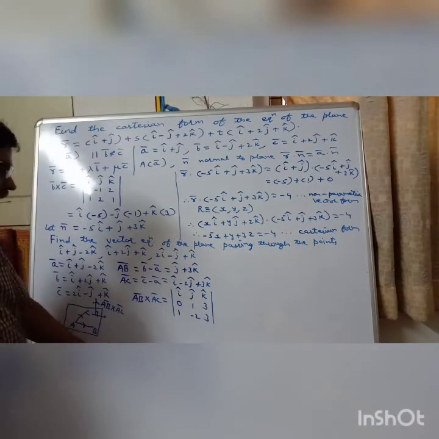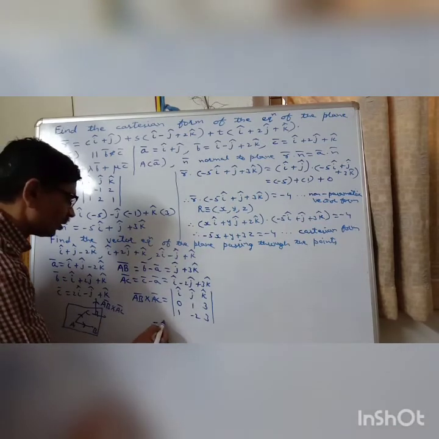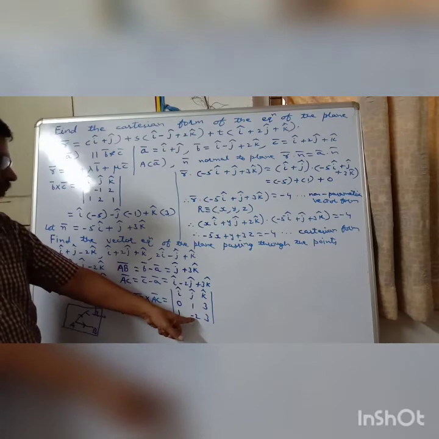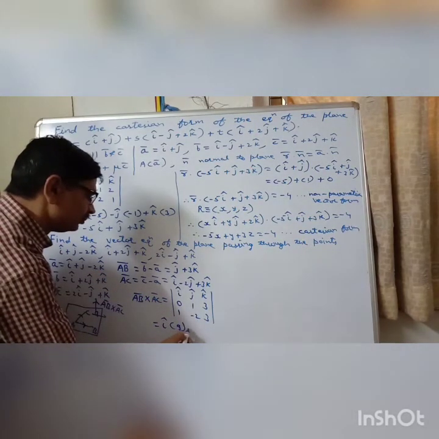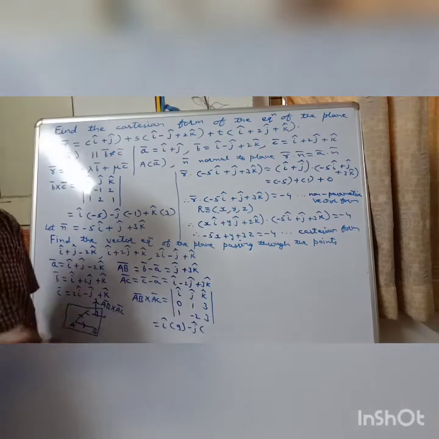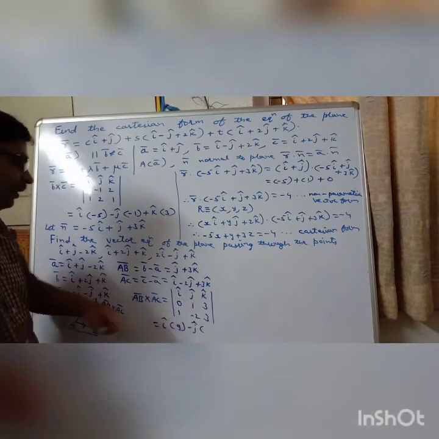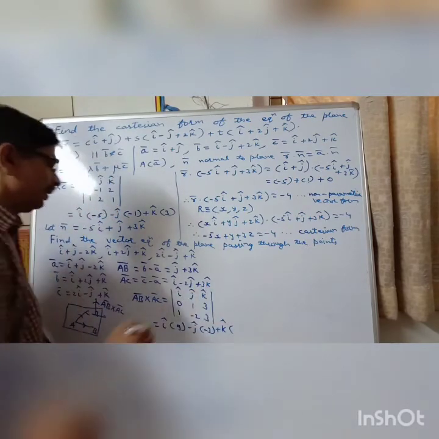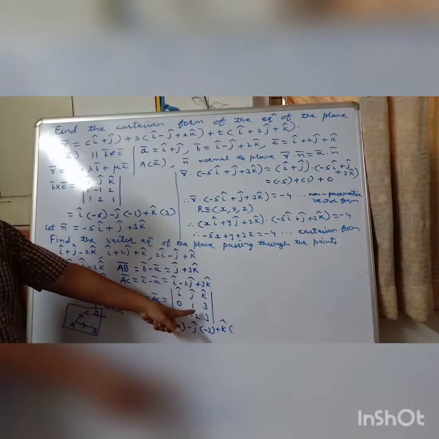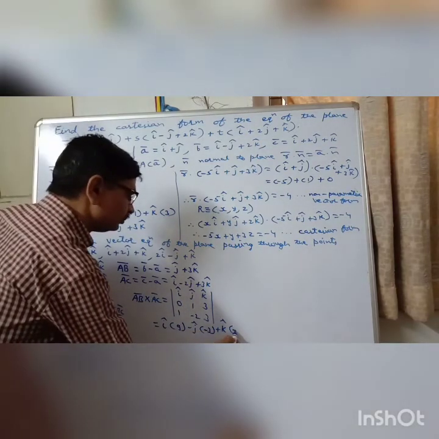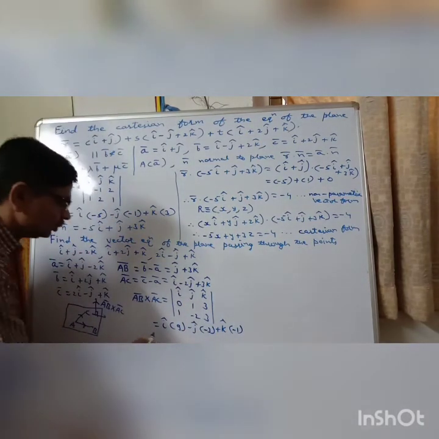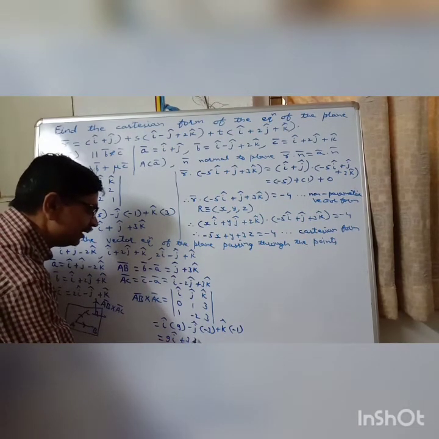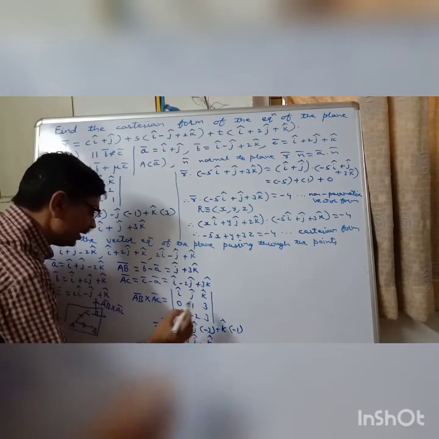Evaluate the determinant. I cap in bracket 3 minus minus plus 6, so 9, minus j cap in bracket 0 minus 3, plus k cap in bracket 0 minus 1. So it is 9 I cap plus 3 j cap minus k cap.